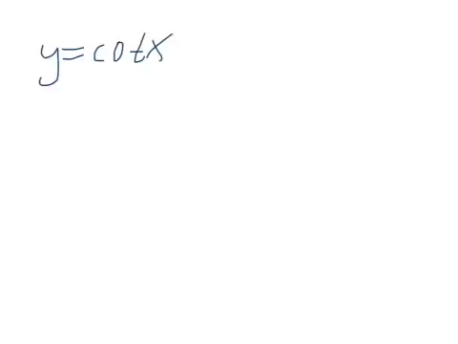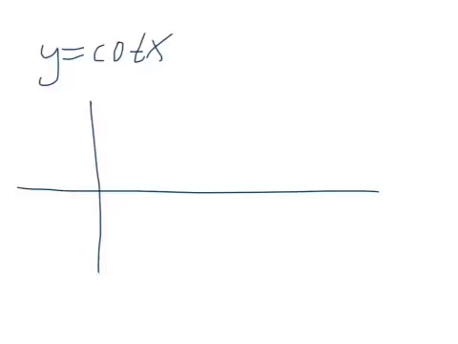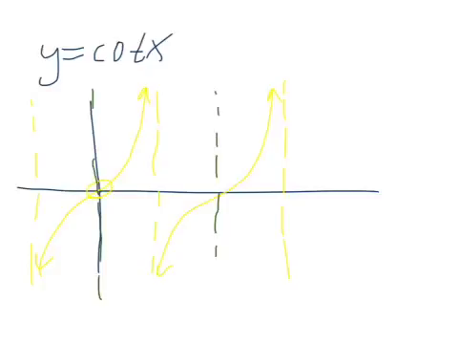Remember, cotangent is the reciprocal of tangent. So where tangent is, let's use that yellow again, where tangent is 0 and an asymptote, let's go ahead and do tangent on here. Then cotangent being the reciprocal, where tangent has a 0, cotangent has asymptotes.